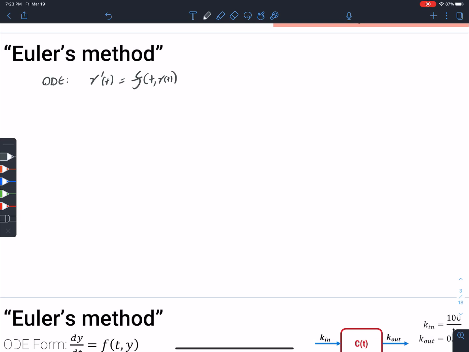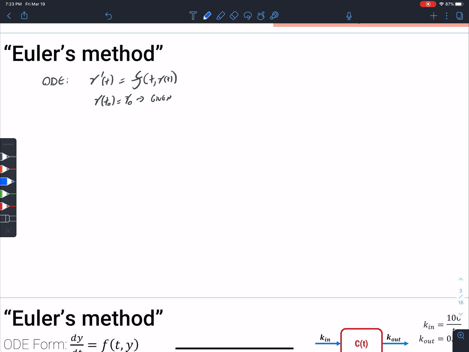We saw some examples in the previous class. And let's assume that it's an initial value problem, so we're also given the initial conditions, and for the time being, we can call this y of t0, called y naught, and this is given. So in fact, these two things are given, and this is what we call an ordinary differential equation given an initial value, also called an initial value problem.